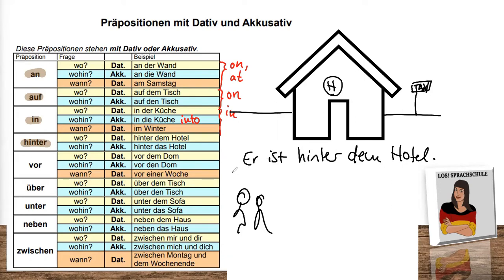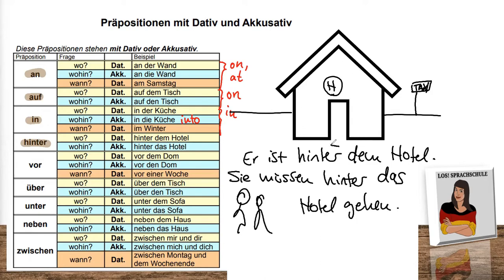Maybe he wants to say, or she, Sie müssen hinter das Hotel gehen. You must walk behind the hotel to find the taxi stand. And now we have the movement again. So I repeat, it can mean back is in the back of the hotel, or you have to walk back, or it is behind. You have to walk behind the hotel and stuff like this.